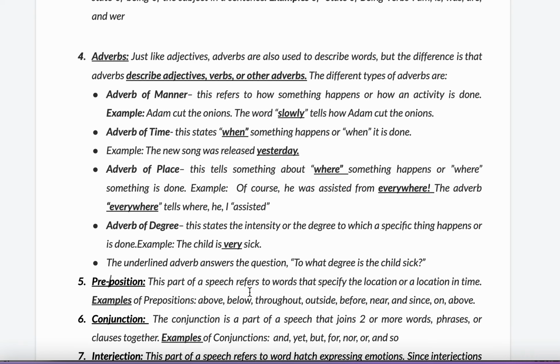This part of speech refers to words that specify a location, or location and time. Let's say somebody says, where is my book? And you say your book is on the table. When I say on the table, table is a location and on is a preposition. It talks about the position of that book. Or where's your school?